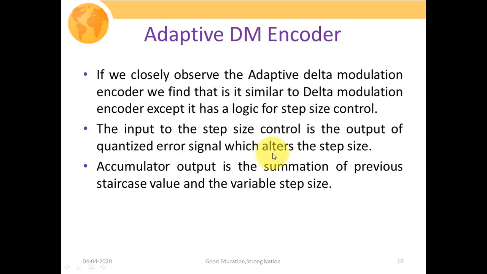If the error signal is positive, it increases its step size, and if the error signal is negative, it reduces its step size. Here the accumulator output is the summation of the previous staircase value and the variable step size. In combination of these two, the accumulator produces the staircase approximated version of the signal.